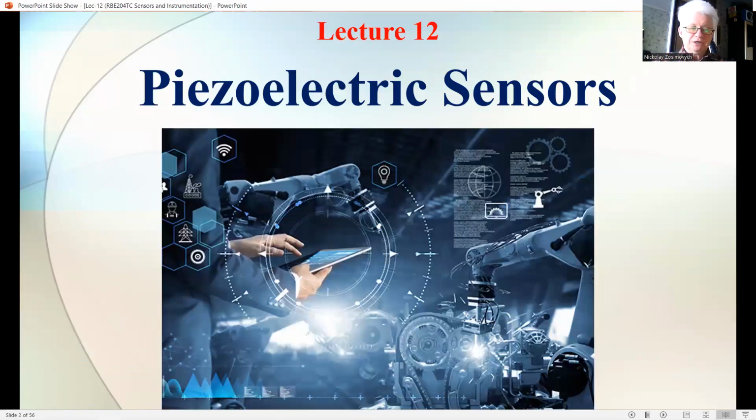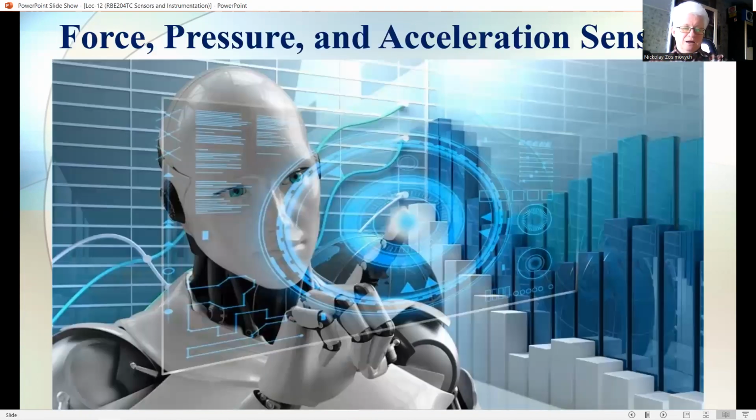Today we will study piezoelectric sensors. Most force sensors are based on an elastic or spring element. In this case, the force generates a deformation that is measured by some displacement sensor, as was discussed in the previous lecture.